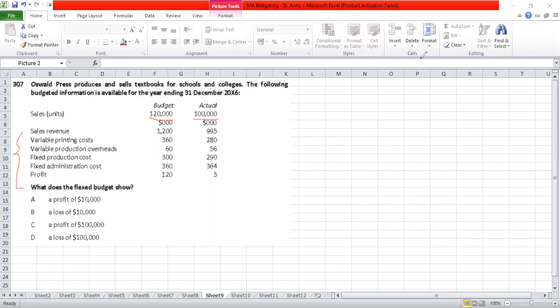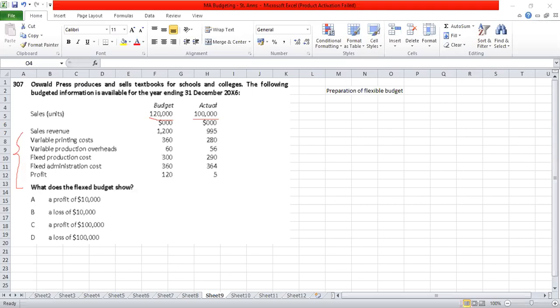So now we are preparing the flexible budget. The activity level is at 100,000, budget is at 120,000. So that is the key point.